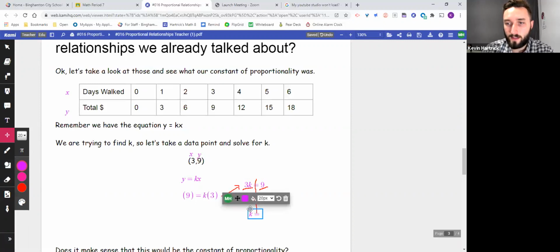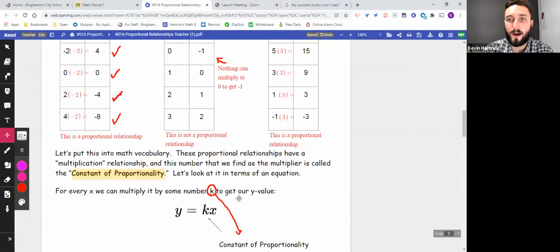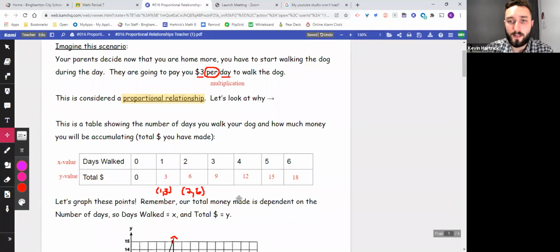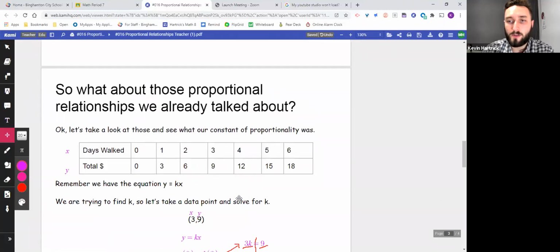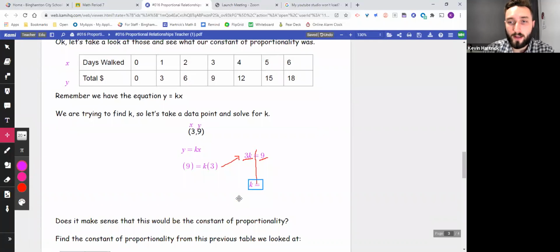We already think that it's 3 based on what we talked about in the first video at the beginning of the lesson, right? We said that this is $3 per day. So it makes sense that our ratio, our constant of proportionality, our unit rate is 3, okay? But we're trying to use this algebraic way to make sure that it is 3.